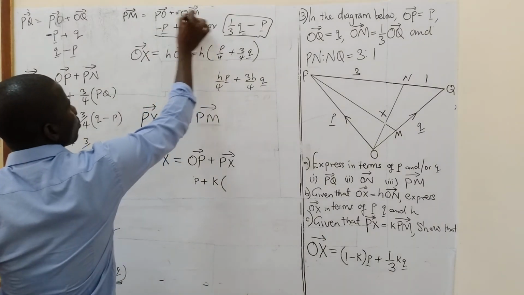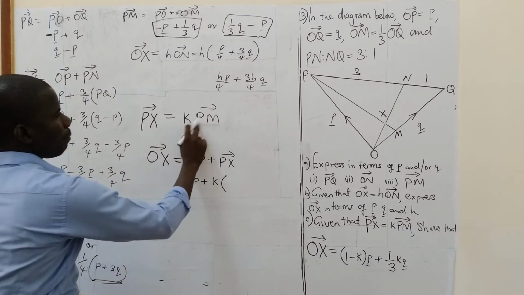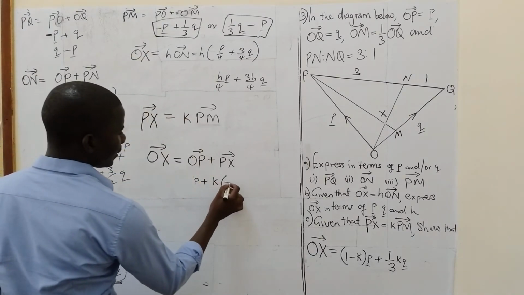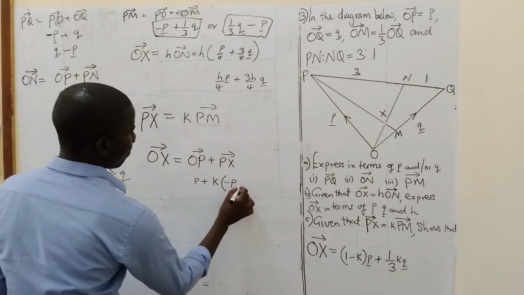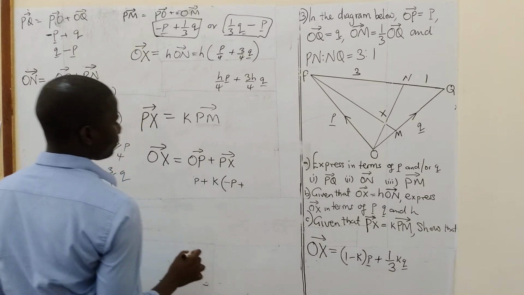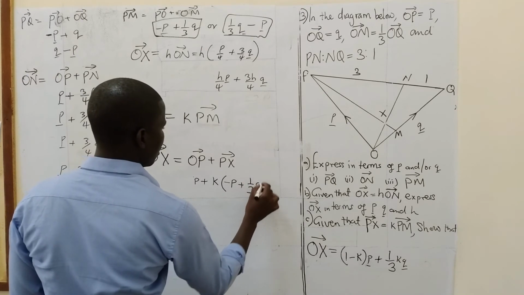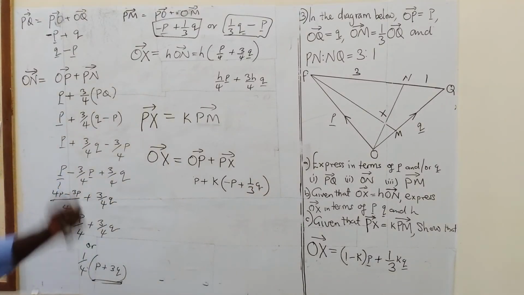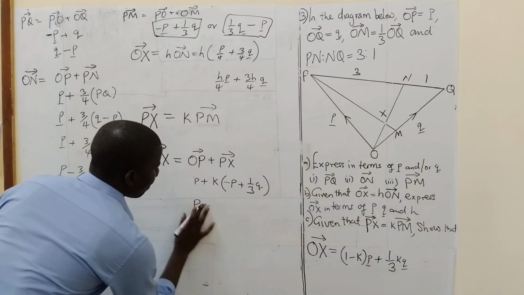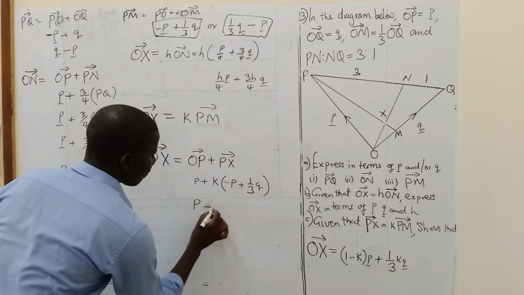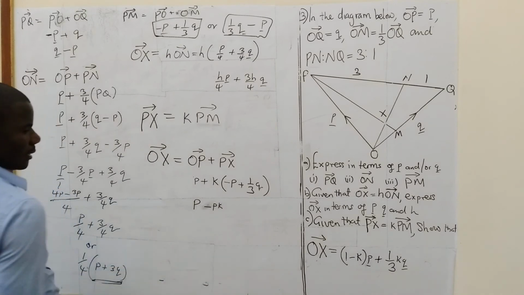Or we can get this one. This is our PM. Okay? K Pm. What is our PM? So I can get this one, which is the P. Okay? Then plus 1 over 3 Q. Then we need to distribute P, because of this minus, we're going to have minus PK or KP, it's one and the same thing.